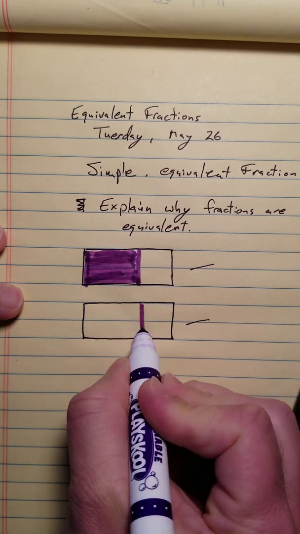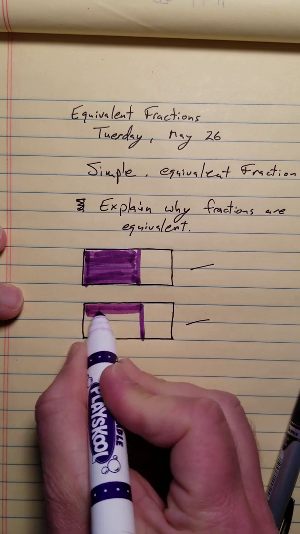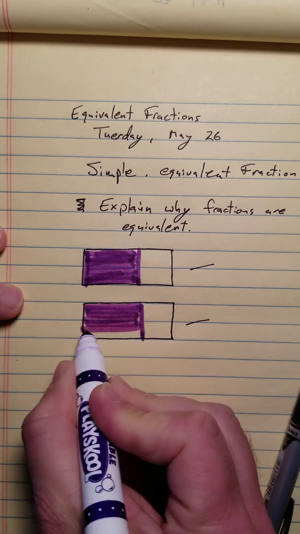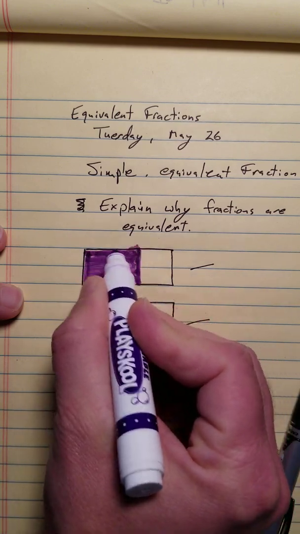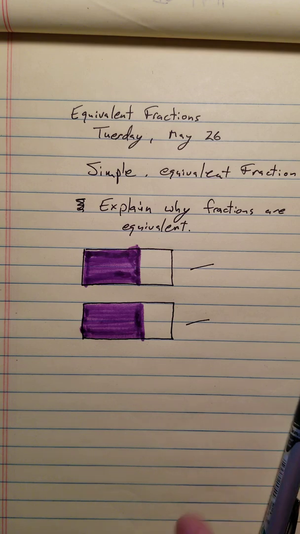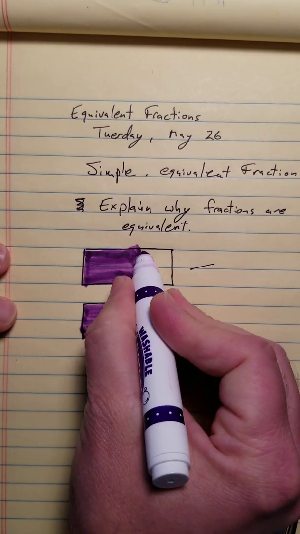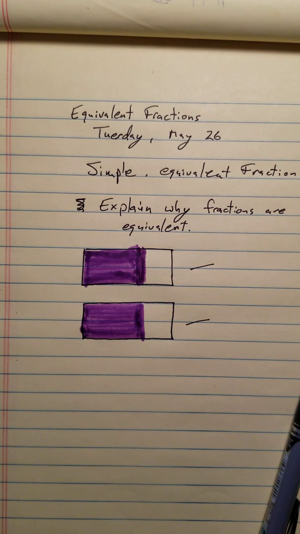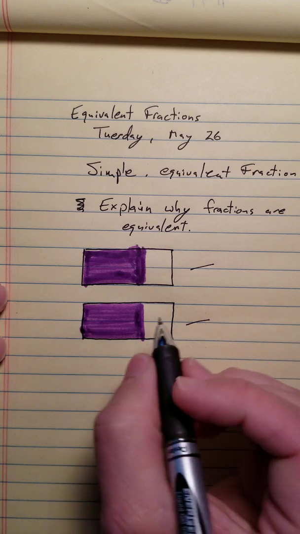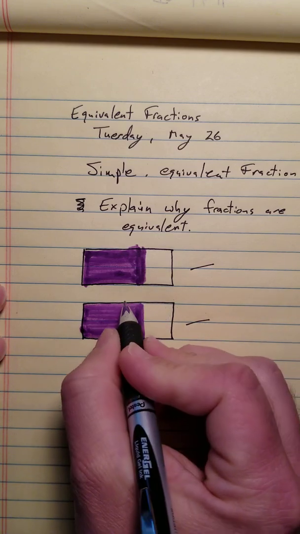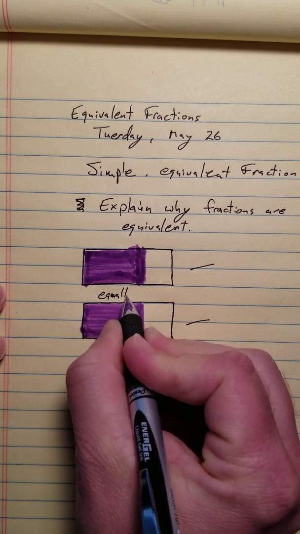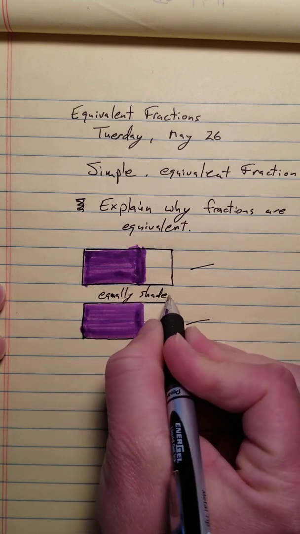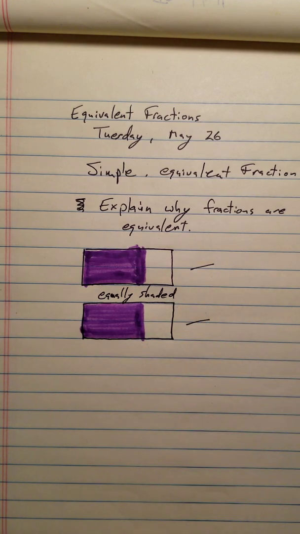This one is shaded this much. And we'll try to make them the same. Just a little bit more on this one. That's good. All right, so these are shaded the same. They're equal. We can say they're equally shaded, or the same amount is shaded.